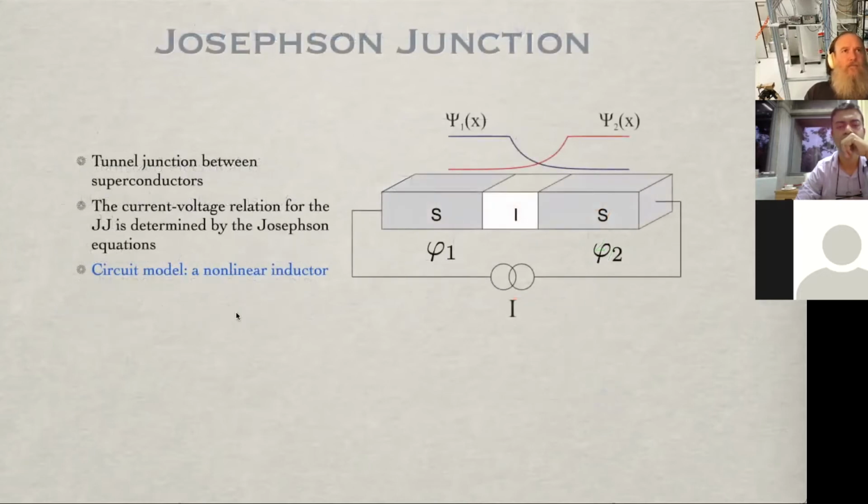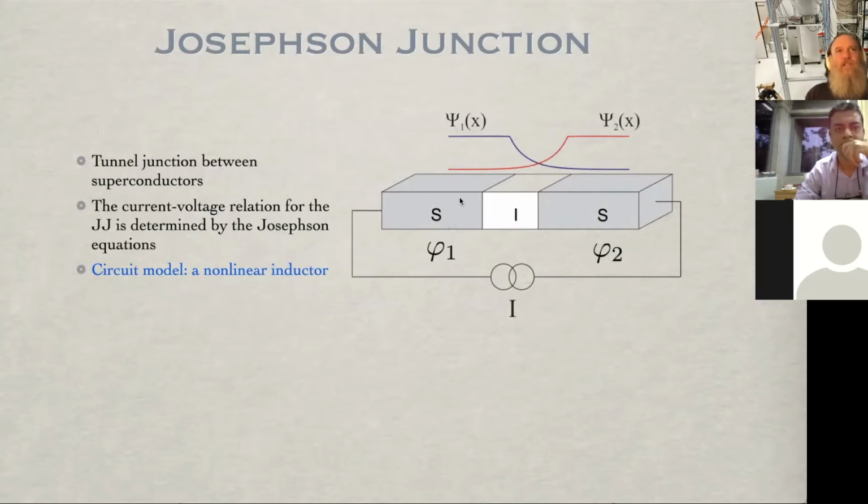Again, as some introduction, I mentioned that the key element that makes the system nonlinear is this nonlinear inductance, or Josephson junction. So here's a little cartoon of a Josephson junction. If you don't know what it is, it's just a tunnel junction between two superconductors.